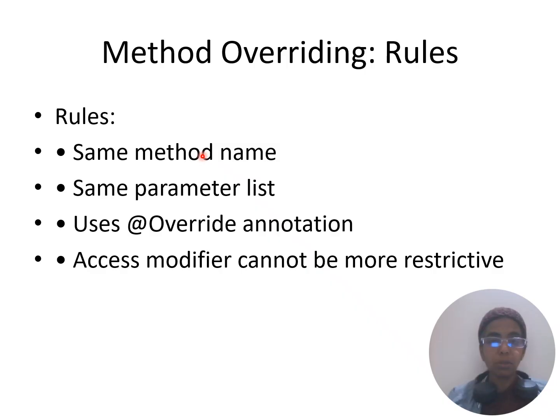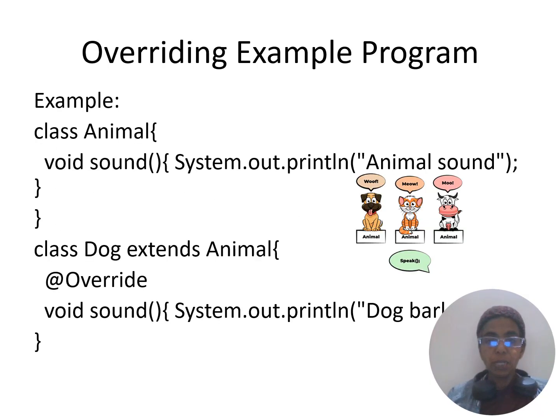The rules are: same method, same parameter list, and it uses the override annotation. It happens during the runtime. The access modifier cannot be more restrictive, so if I give access modifiers like public or private, that cannot be more restrictive. We'll see with an example.